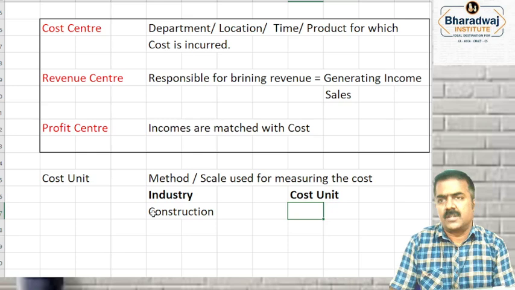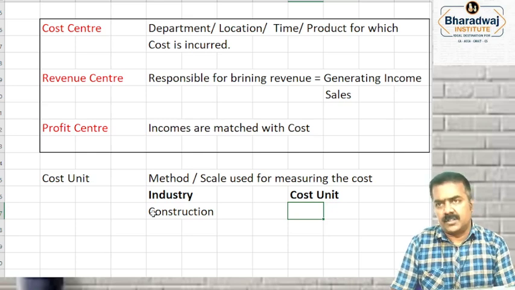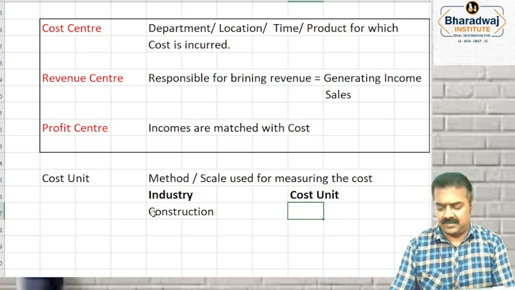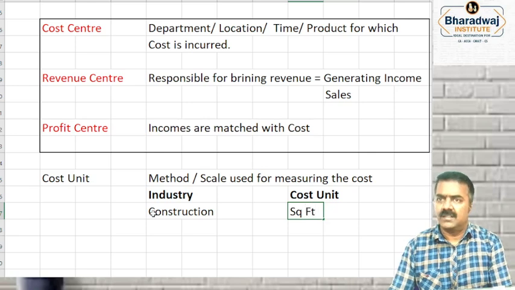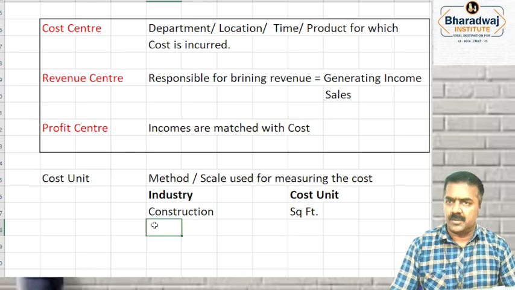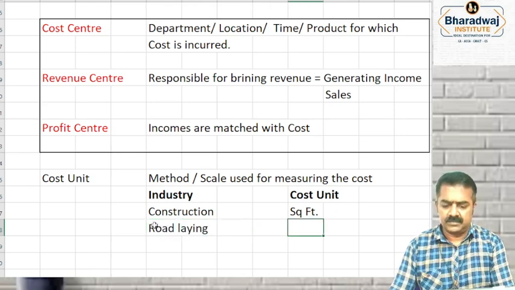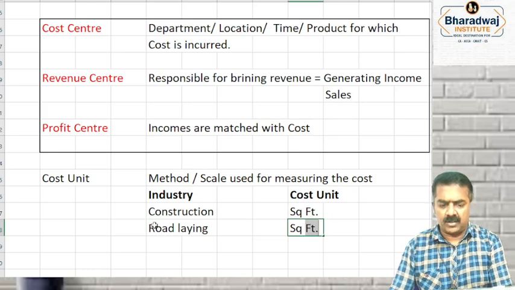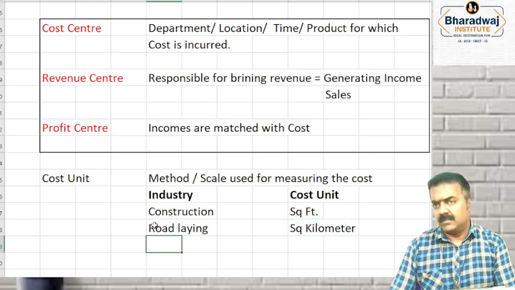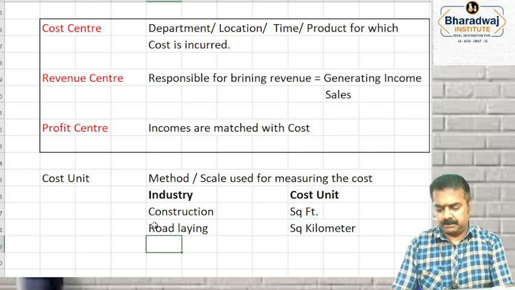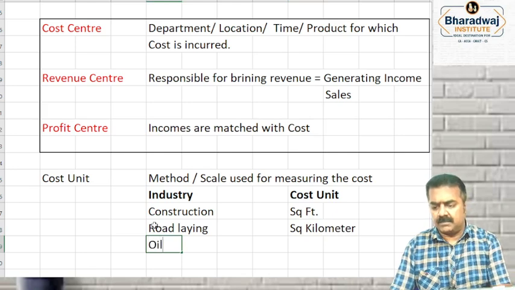Construction, what is the cost unit? Square feet. Square feet can be the cost unit. Road laying, it can be square kilometer. What about oil mills?